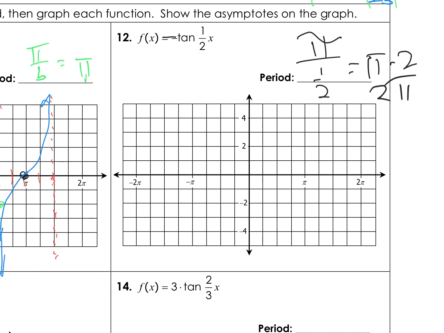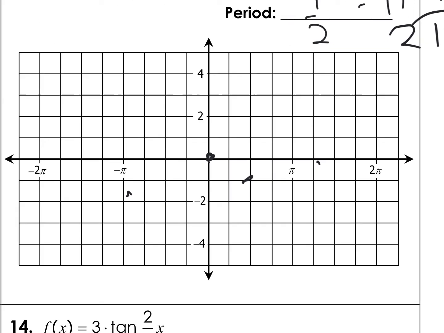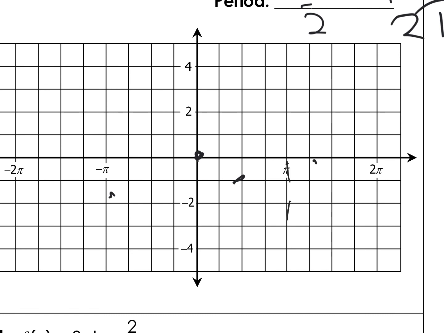That means I need to start at 0 and go pi to the right and pi to the left. Why pi? Because both pieces have to add up to what? 2 pi. So I go pi to the right. There's my asymptote. Go pi to the left. There's my asymptote.